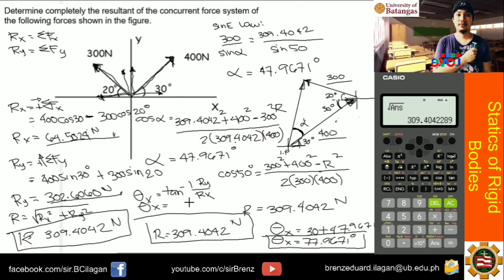So let's press on the calculator, arctangent of 302.6060 divided by 64.5024. So that is 77.9671 degrees. Okay, so we got the same answer. Next time, I'll teach you to use the function and store so we can keep the answers without pressing over and over.